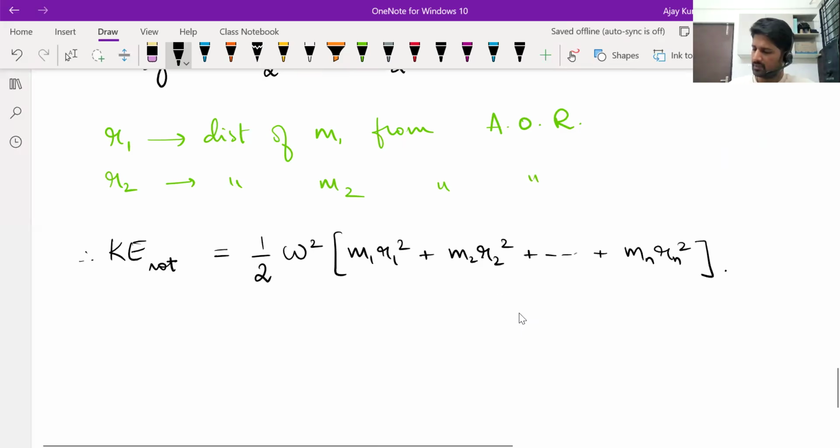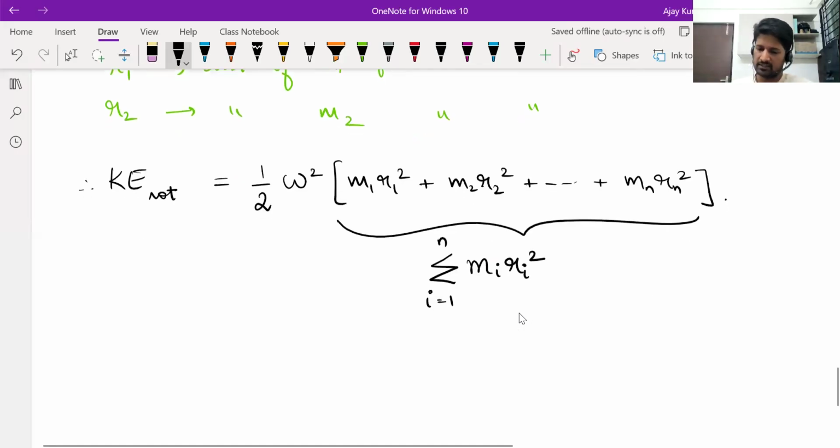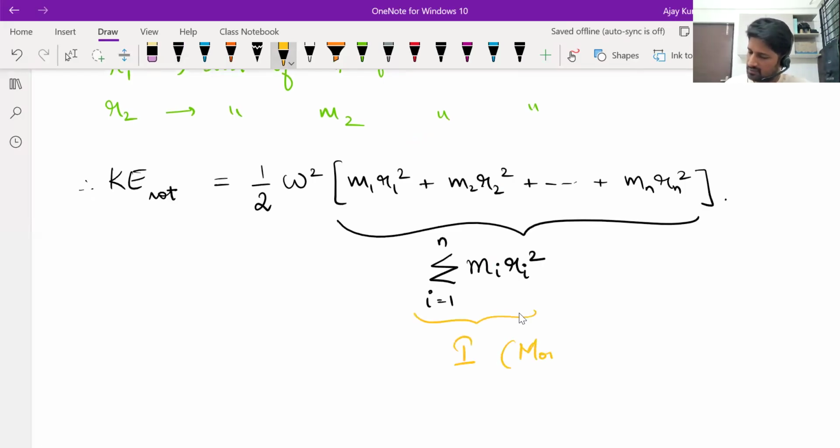This term in a simplified manner can be expressed as the summation of Mi Ri square, where i varies from 1 to n. And this summation, sigma Mi Ri square, is what we call the moment of inertia of a system.